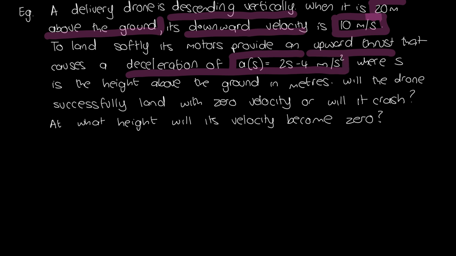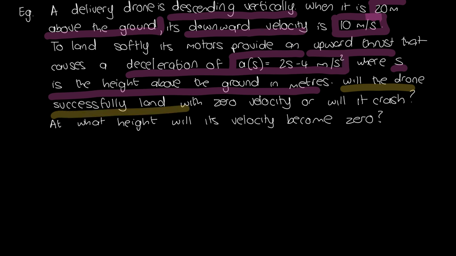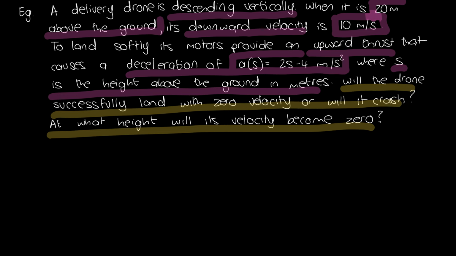So we have that equation, and s is the height above the ground in meters. And then we're required to find: will the drone successfully land with zero velocity or will it crash? And at what height will its velocity become zero?